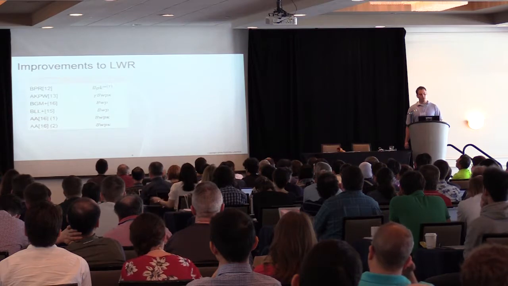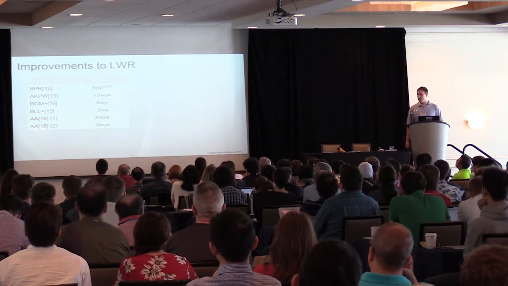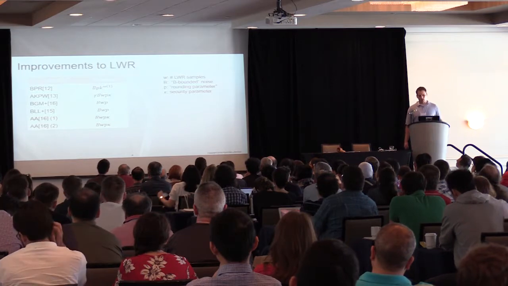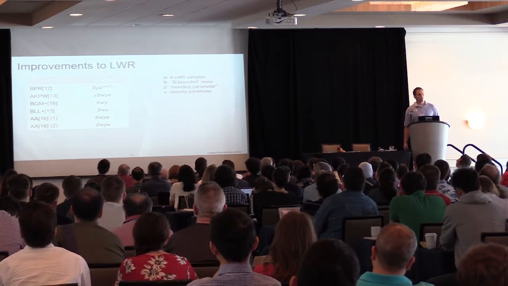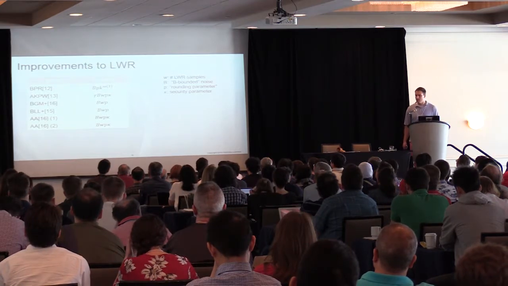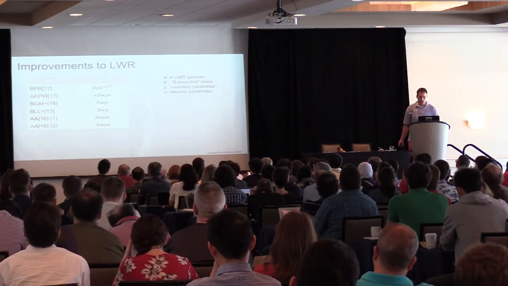So recently there have been a lot of papers that have improved learning with rounding, and I'll throw up some parameters. A lot of these schemes have other nice properties besides the modulus improvement compared to the initial paper, but I'm not going to focus on those today.